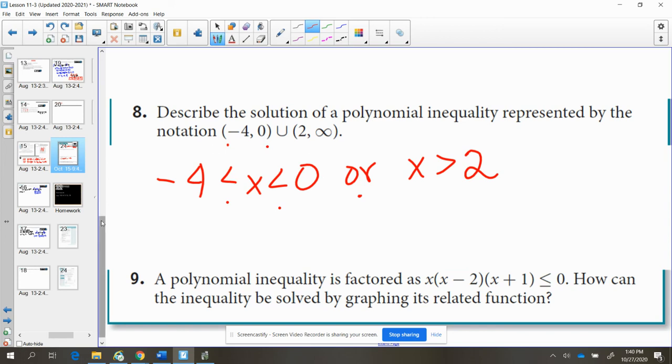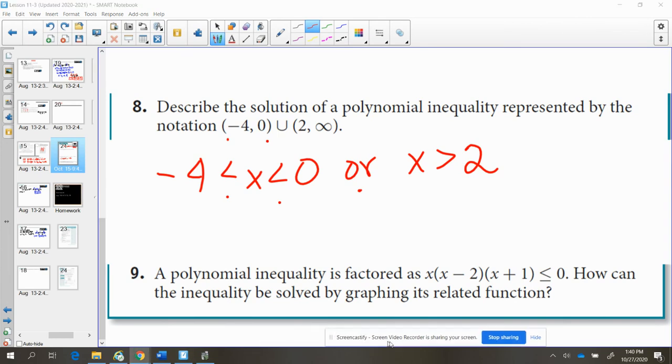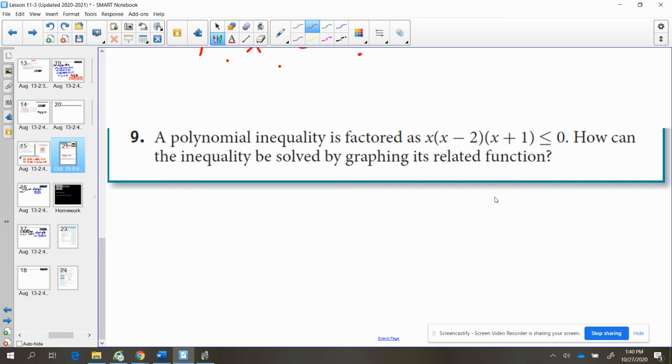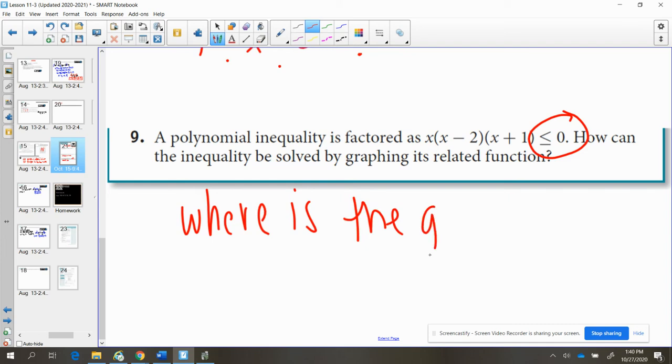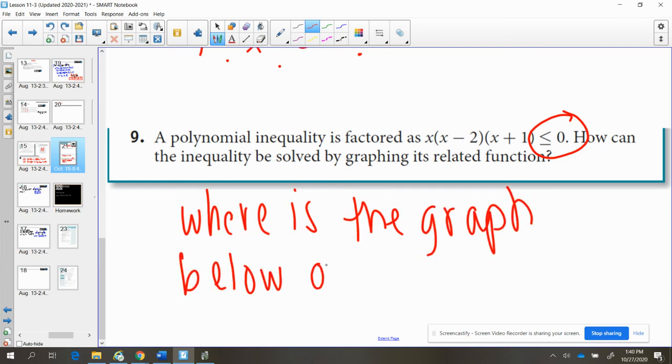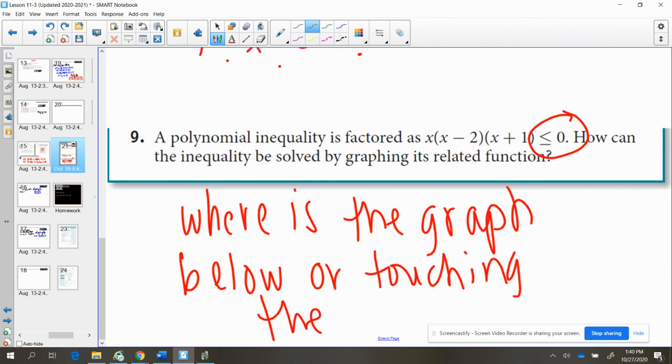And then last but not least, a reminder, you guys have the advantage of being at home with your graphing calculators. You're still going to need to show the work for these problems, but officially, you can always graph them and double check, because if you're looking for where this is less than or equal to 0, you always want to just look at your graph and say, all right, where is the graph below or touching the x-axis.